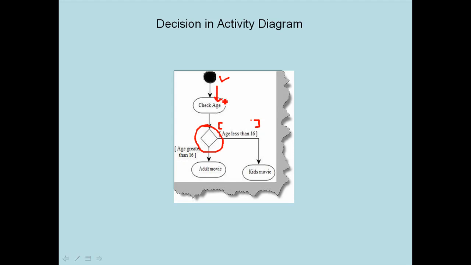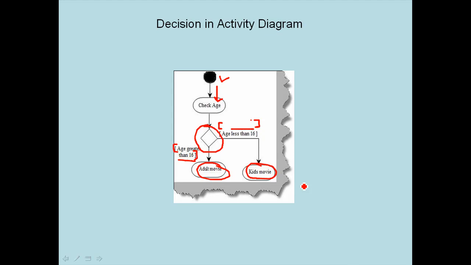The first thing that happens is you check the age, and then you ask, is age greater than 16? That's represented in the square brackets. If it is yes, then you execute the activity adult movie, or else if the age is less than 16, then you execute the activity kids movie. So basically you can show decision making using square brackets.